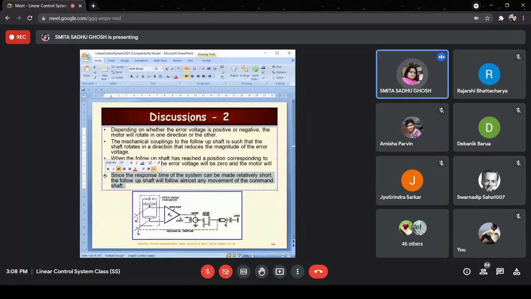Since the response time of the system can be made relatively short, the follow-up shaft will follow almost any movement of the command shaft.